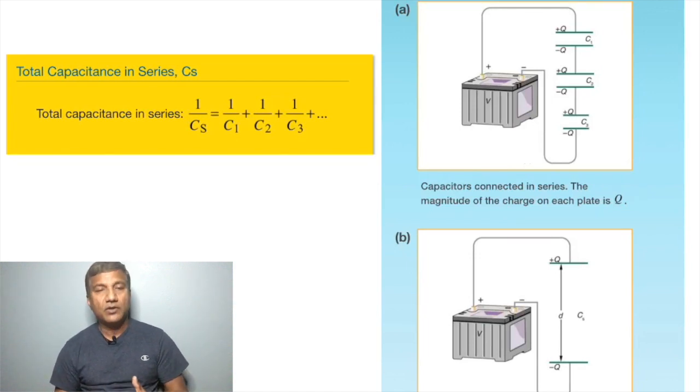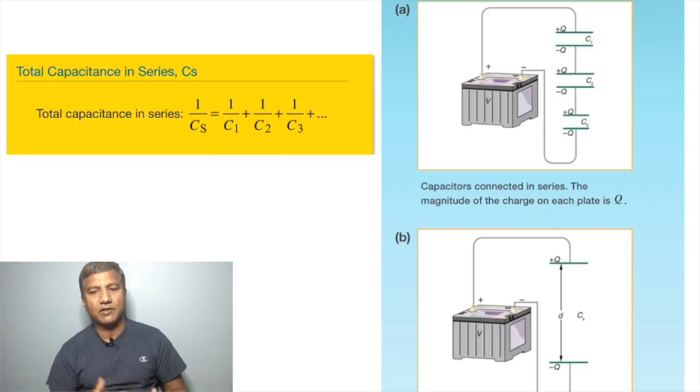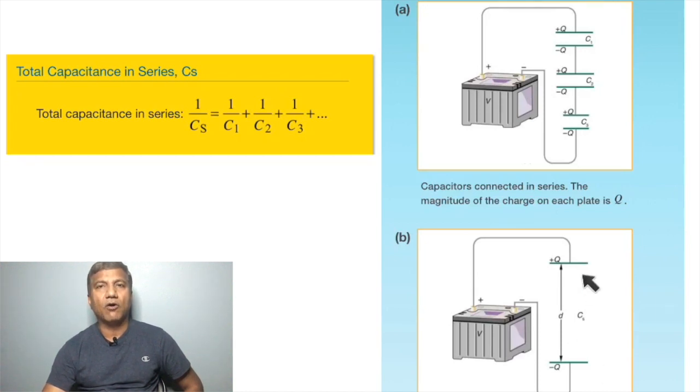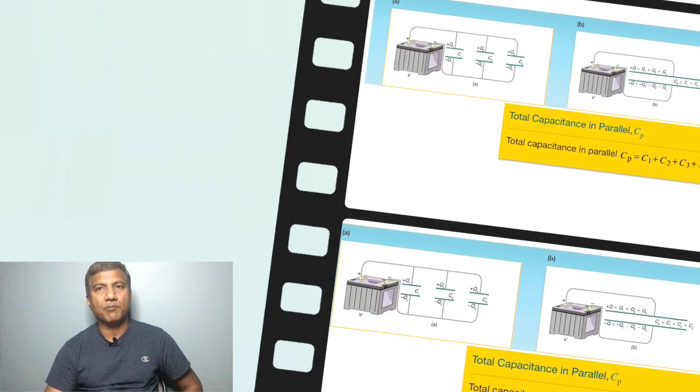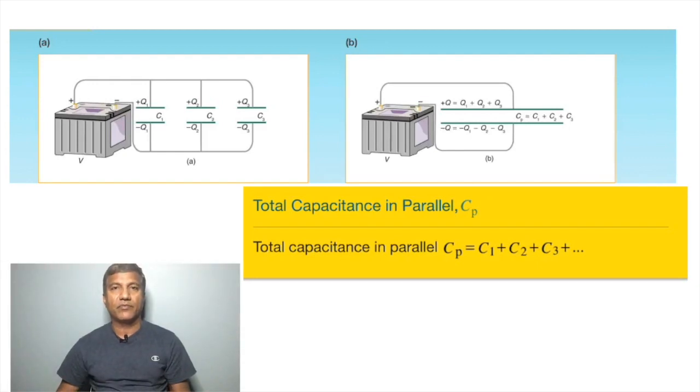So that's how the equivalent capacitance is calculated. Now, what do you mean by an equivalent capacitance? It is that capacitance which can effectively replace all those connected in series, which means this single capacitance has a value Cs.